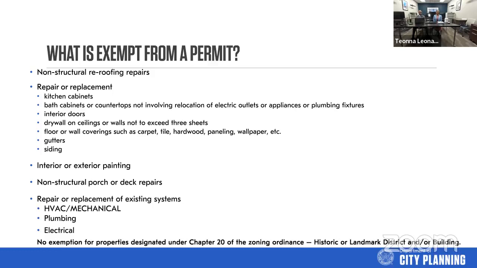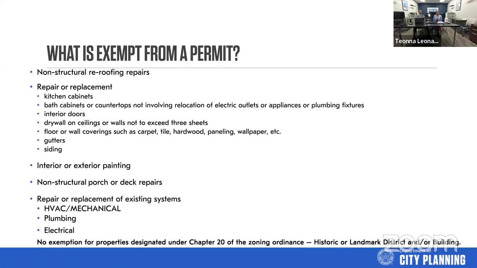We looked at the cost of man hours to process what we used to have several years ago. It's called a general repair permit, and it included a lot of these things. Since then, we passed legislation and decided that the items listed here are no longer needed for a permit. A permit is not needed for them.